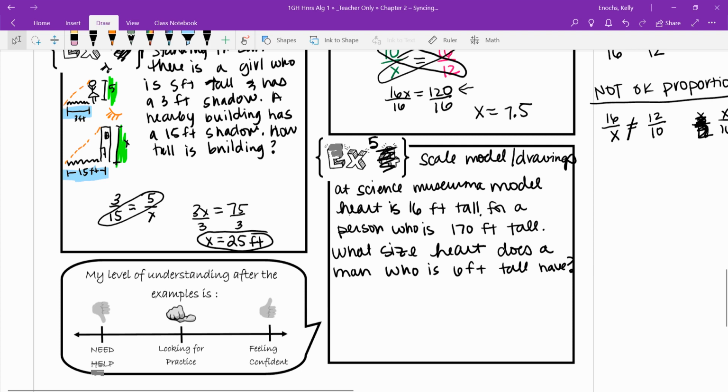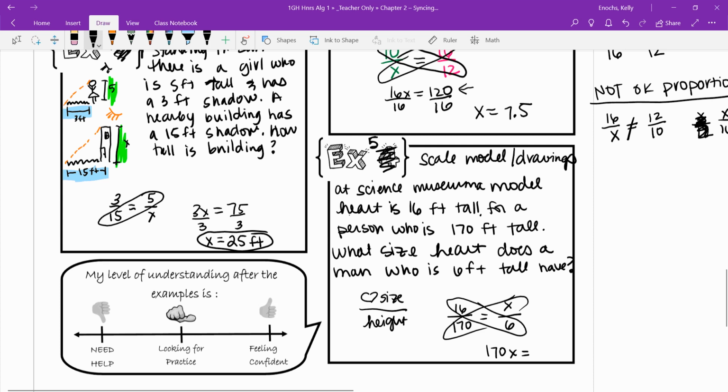So again, we don't actually need to draw a picture here, but we do need to match up our heart size with our height of our person in both fractions. So we have 16 over 170 equal to x, that's what we're trying to find, our heart size, over 6 feet tall. And just like we've been doing, we're going to cross multiply, and I'm going to get 170x equals 16 times 6.